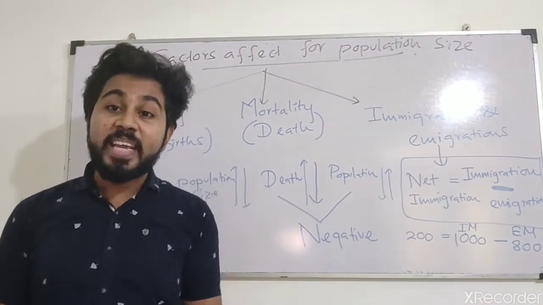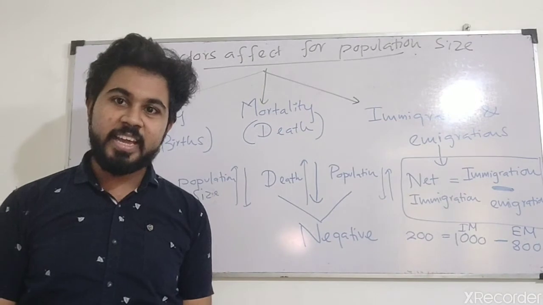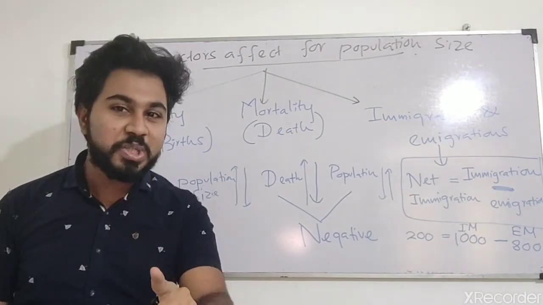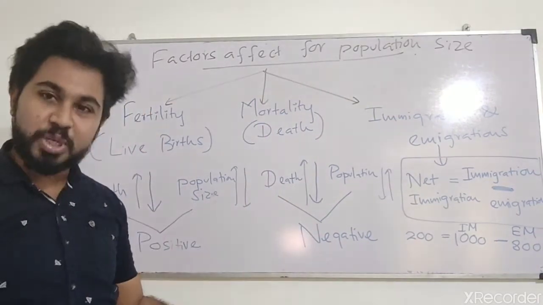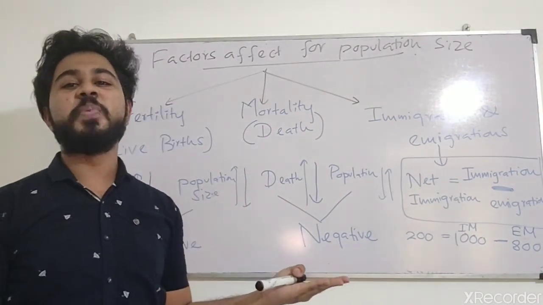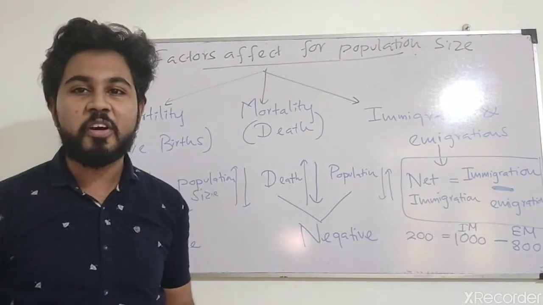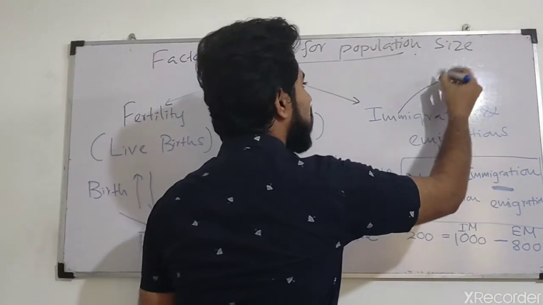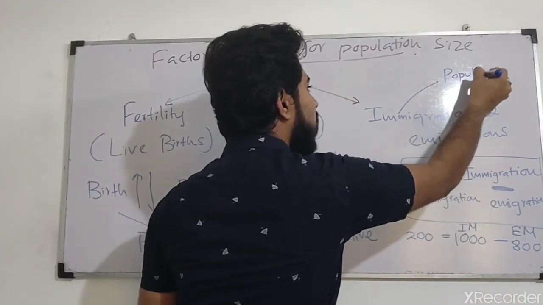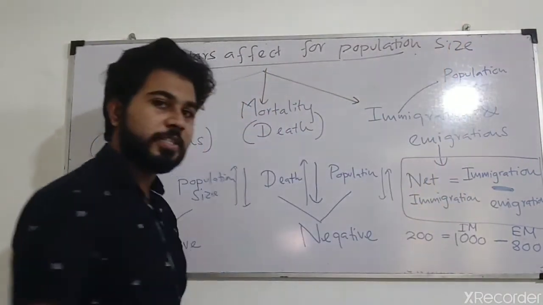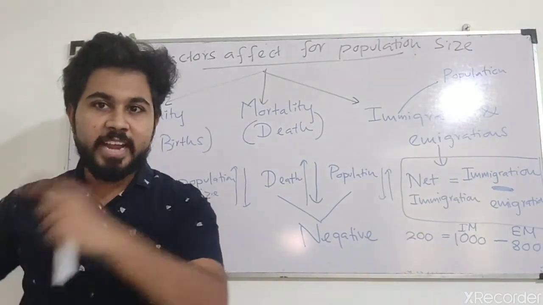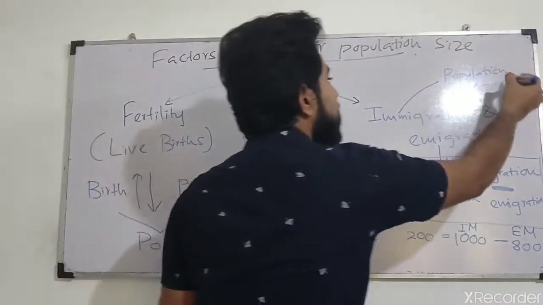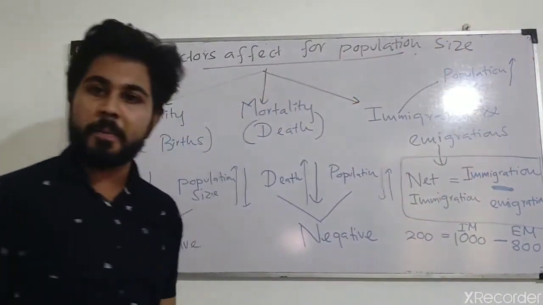So if we can increase the net migration, definitely we can increase the population. If net migration goes down, we will experience a loss or fall of population. Right? So simply, does immigration cause an increase or decrease of population? When outsiders come in, what will happen to the population? Increase. Immigration causes an increase of the population.